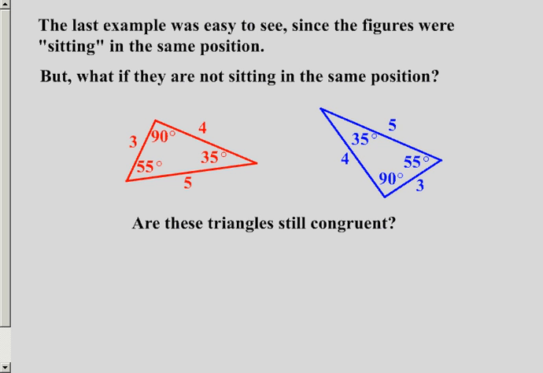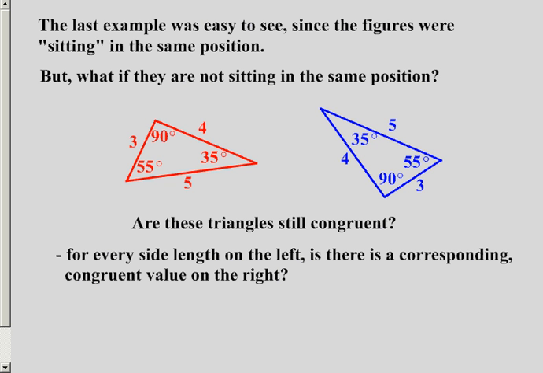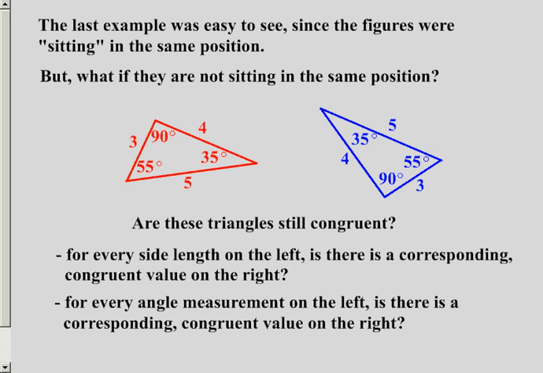Well, the answer remains exactly the same as it was on the previous slide. For every side length from the red triangle on the left, is there a corresponding congruent value on the right? For every angle measurement on the left, is there a corresponding congruent value on the right? And the answer to both of those questions is yes, there is.